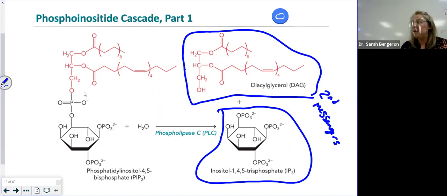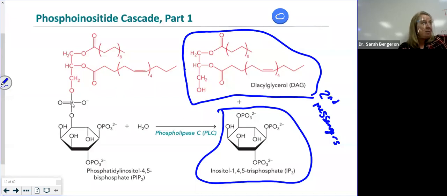Well, remember in lab when you purified phospholipids from the membranes of cardiac tissue, right? You remember one of them was phosphatidylinositol, right? So phosphatidylinositol bisphosphate, just has 2 additional phosphate groups, is a membrane lipid that contains both of these 2 second messengers, but they're hooked together and they're hooked to the membrane. So they're stuck in the membrane until they become activated.